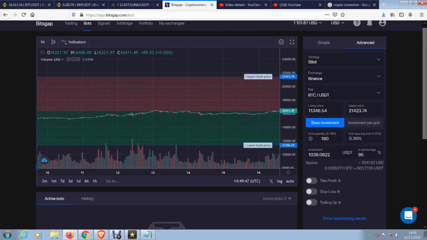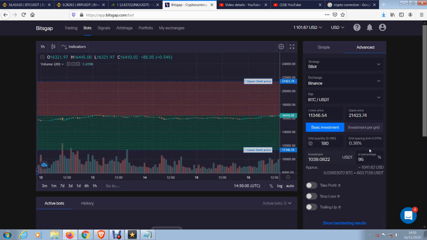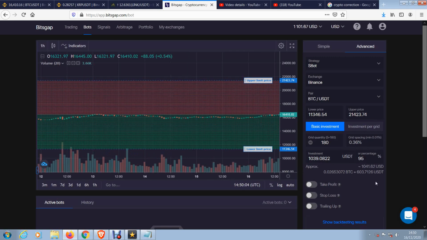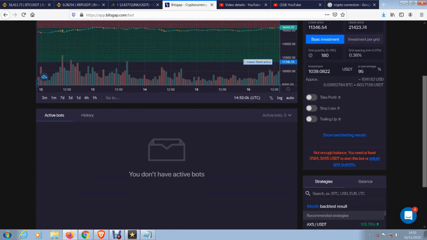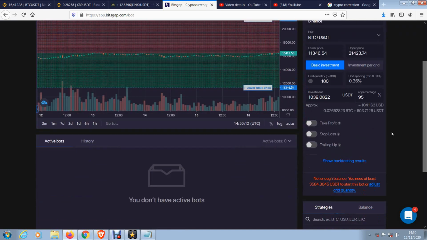So in this instance, to set up BTC to USDT, to have 180 grids, at the spacing of 0.36 between them, a possible buy and a possible sell within this grid spacing, I would need to have $3,584 US available.